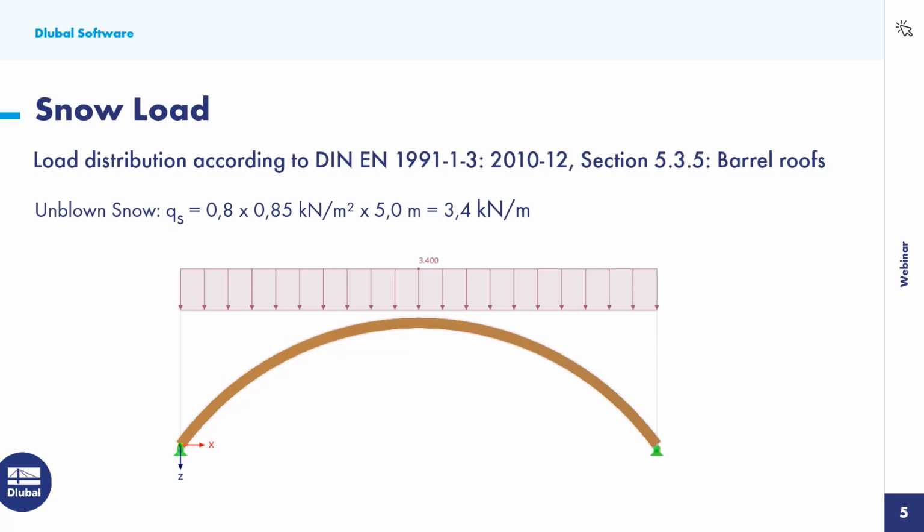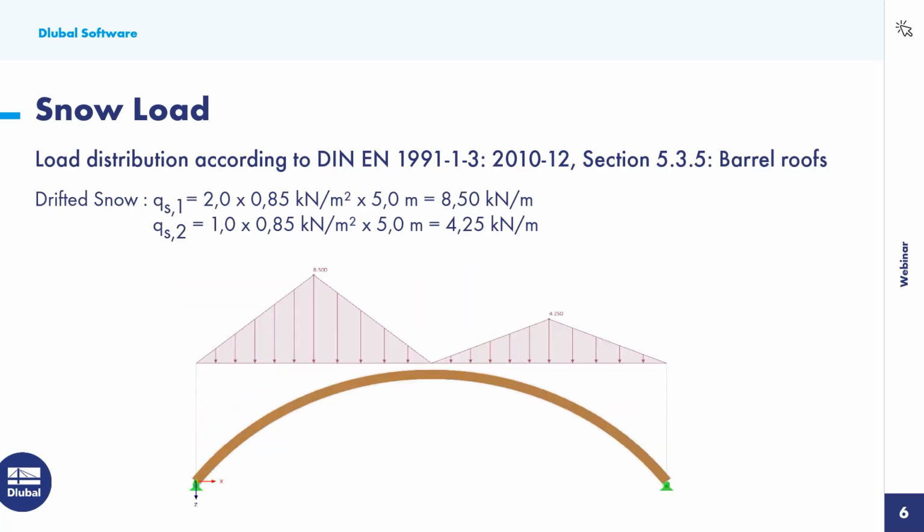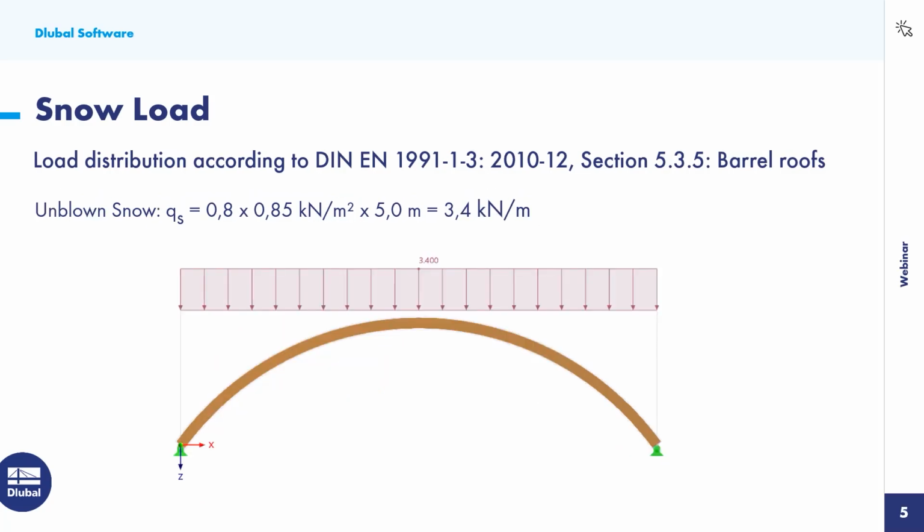These standards specify two variants that must be considered: the unblown snow and the drifted snow load. We must represent these two variants using two load cases. Firstly, the snow load as a distributed load, and also the drifted snow load as a double triangular load.